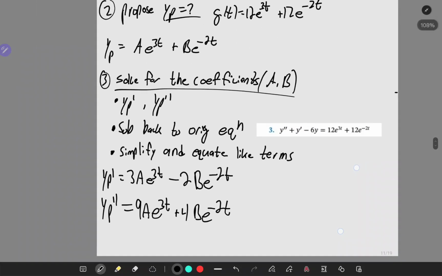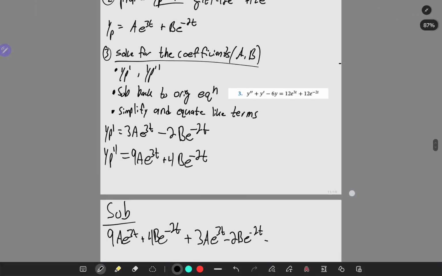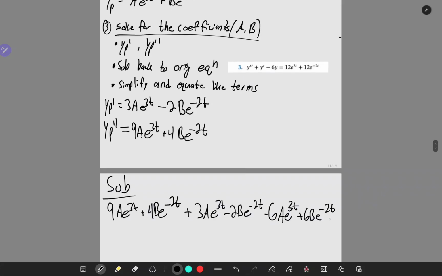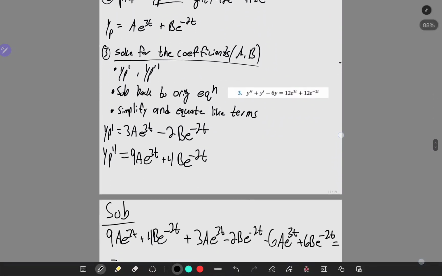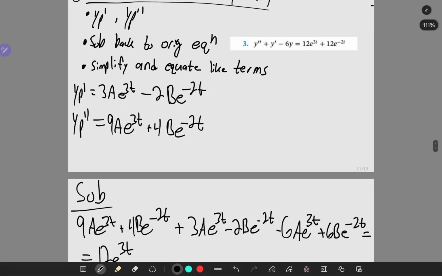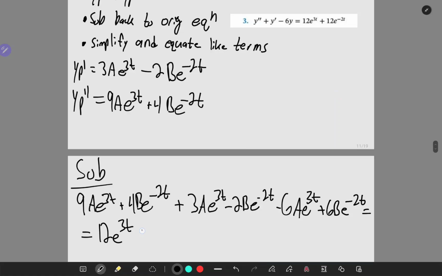Y was a e to the 3t plus b e to the minus 2t, so minus 6a e to the 3t plus 6b e to the minus 2t. All of that equal to our g of t, which was 12 e to the 3t plus 12 e to the minus 2t. Oh, it's right here.